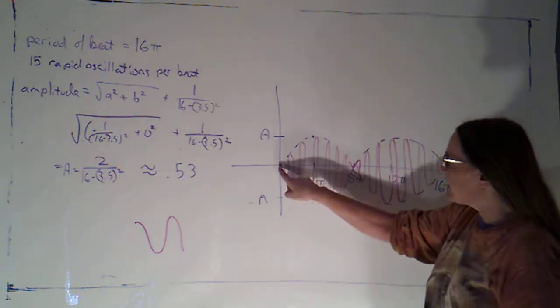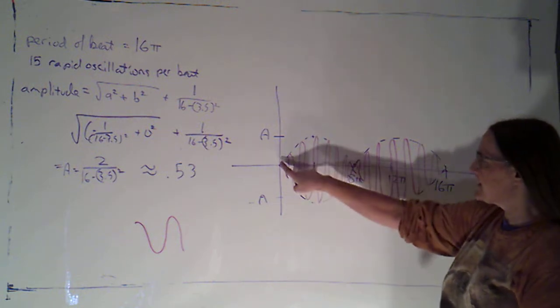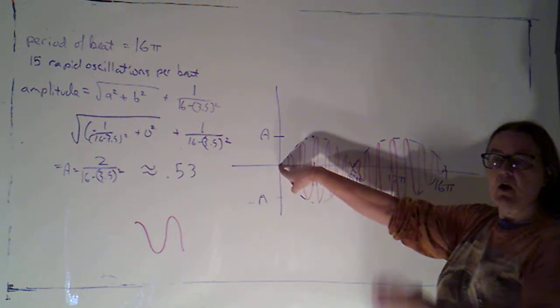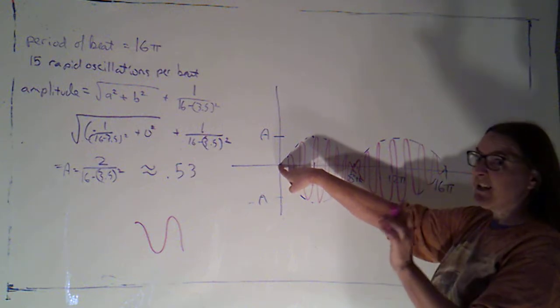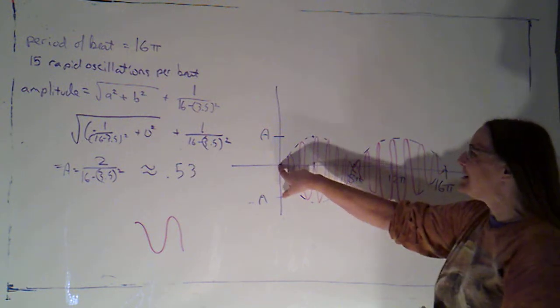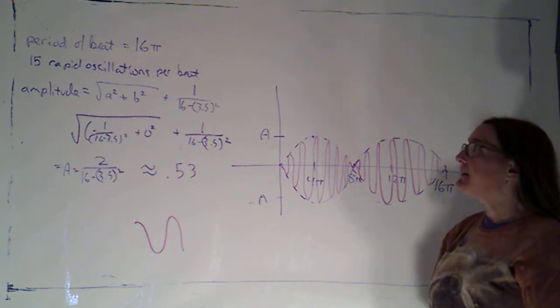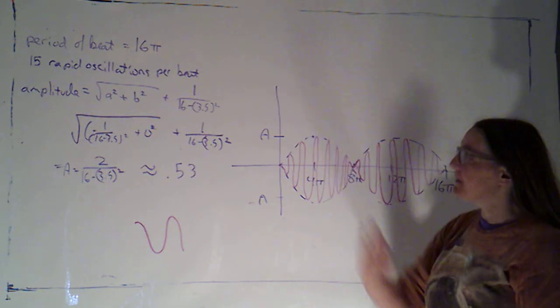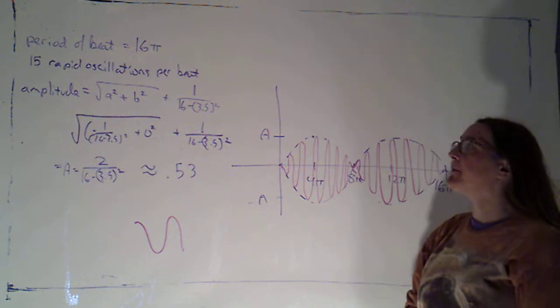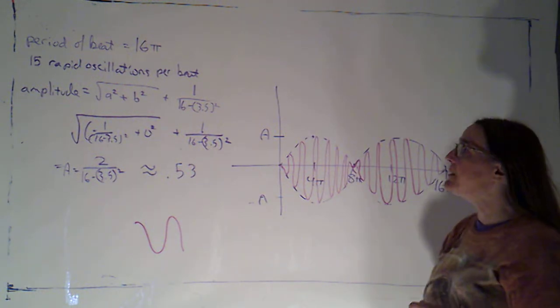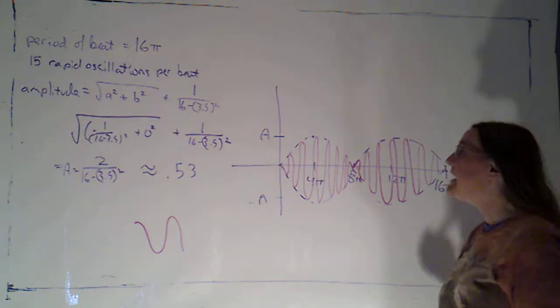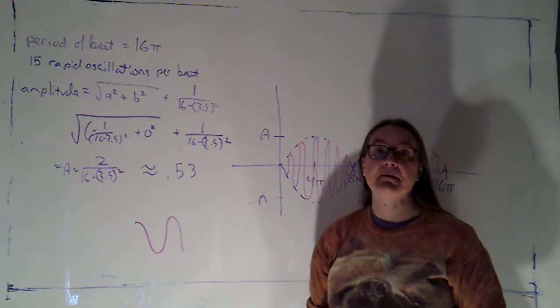So we won't necessarily, for all solution curves, be starting at the origin. We just chose that because it's a really nice initial condition for being able to figure this out. But the period of the beats and the number of rapid oscillations per beat, we can always calculate this way using these numbers alpha and beta.